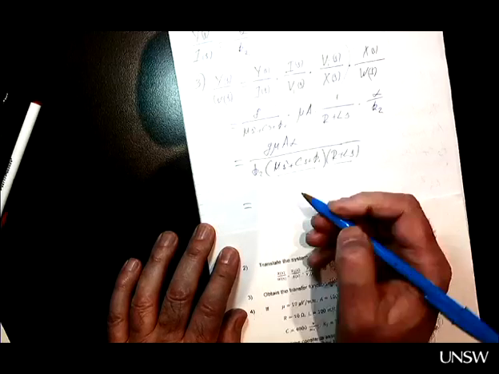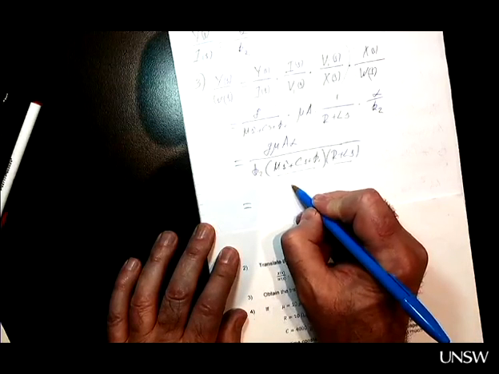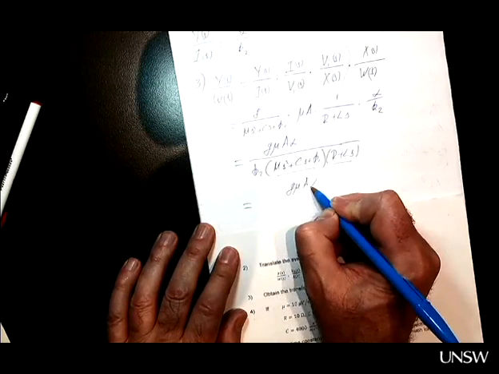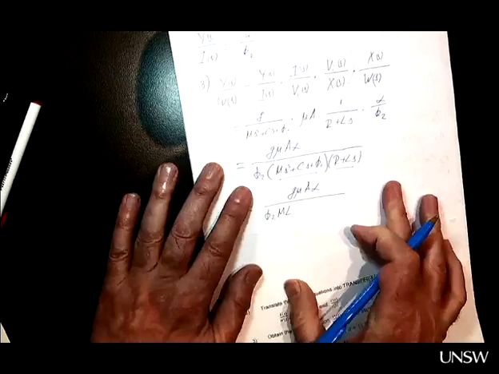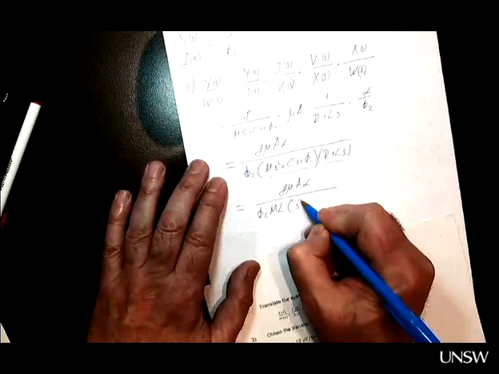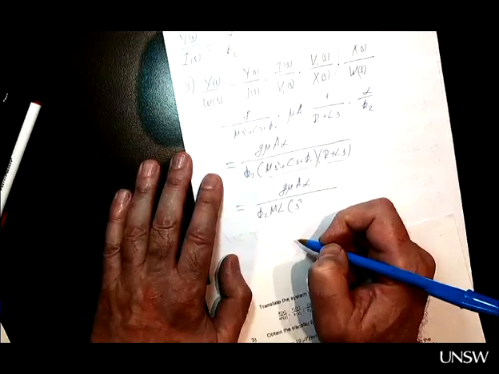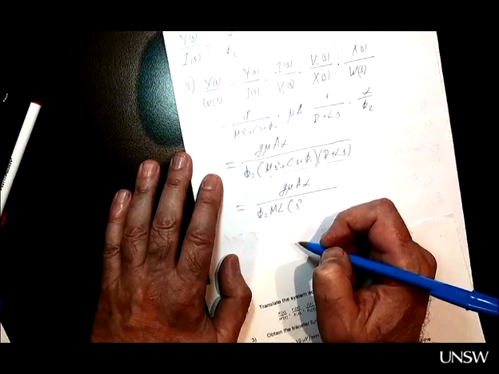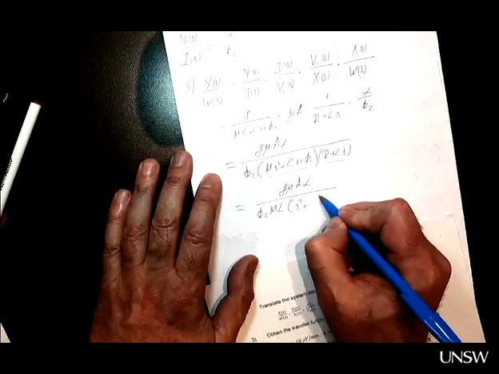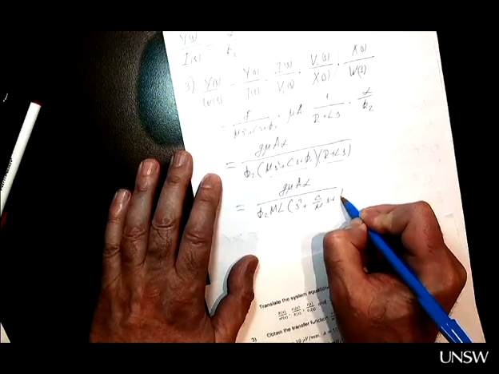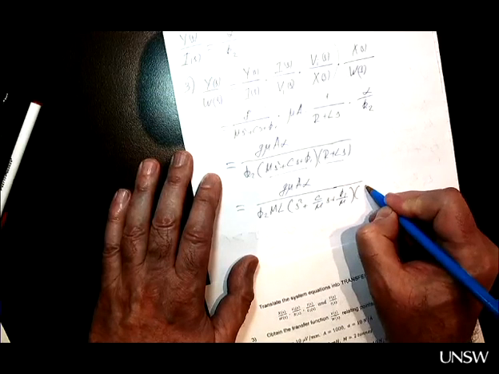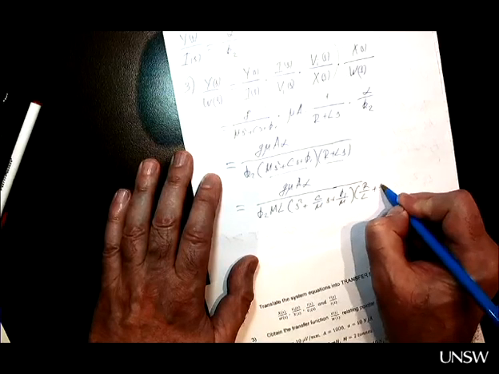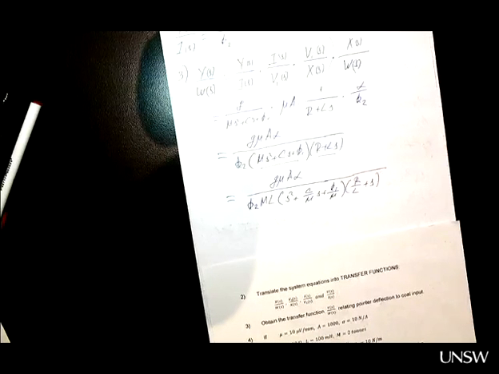So it is G mu A alpha over k2 m l, and then in brackets s squared plus C over m s plus k1 over m, and here it is R over L plus s. I'm still writing a normalized form, aren't I? We can work even with the normalized form and get the time constants.